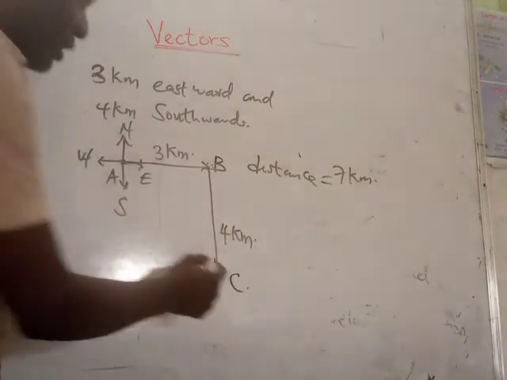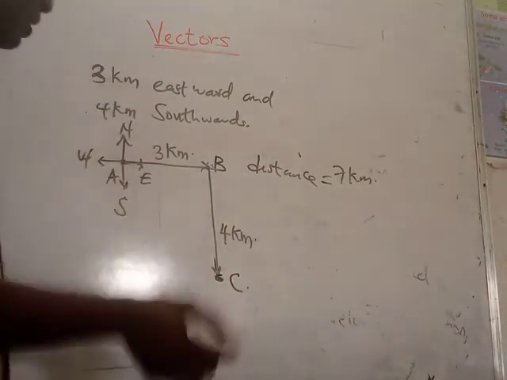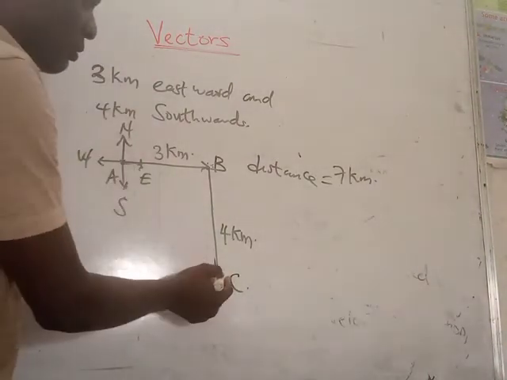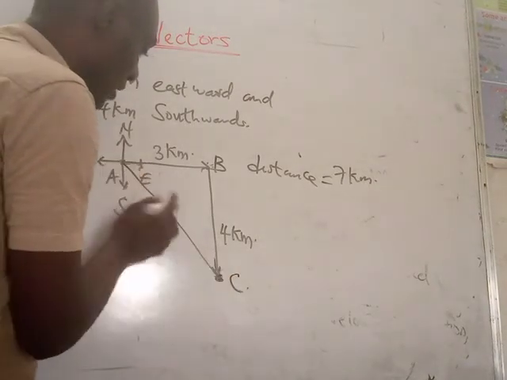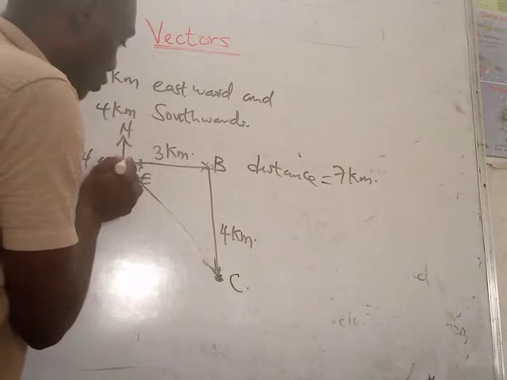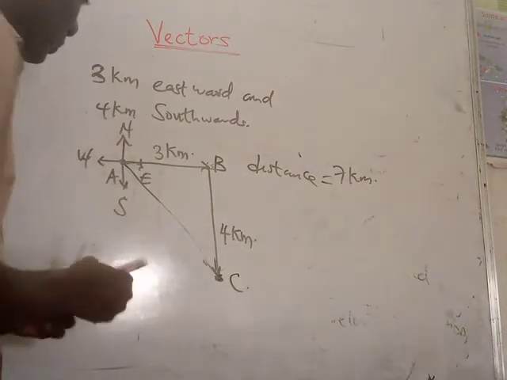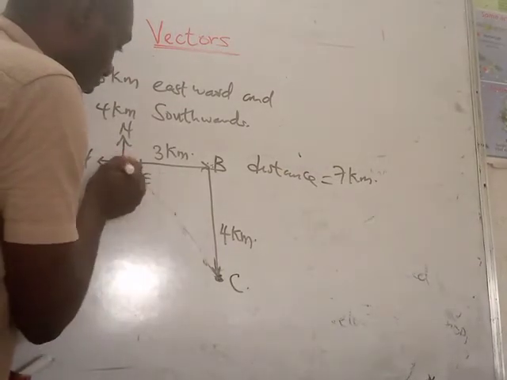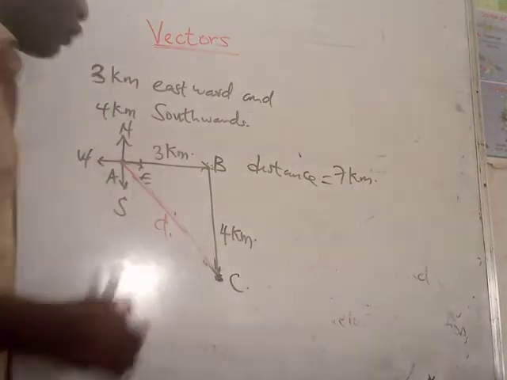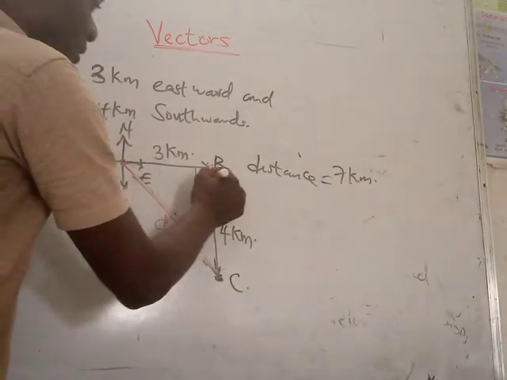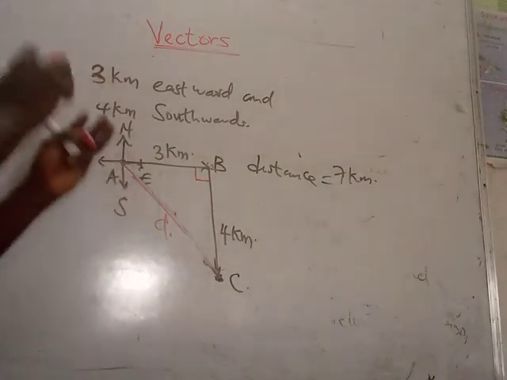Then look at the point where the boy is now. His displacement is the shortest distance between his final destination and his starting point, which is a straight line joining both points. So this is going to be his displacement. You can easily see that this forms a right angle triangle.